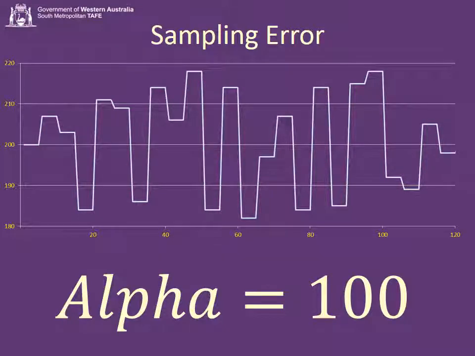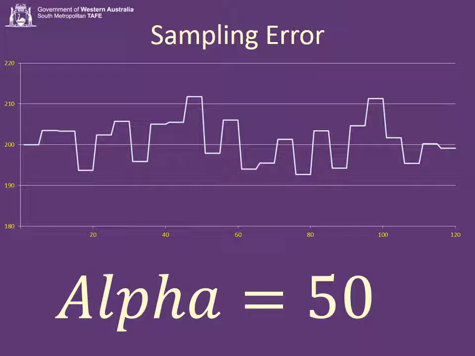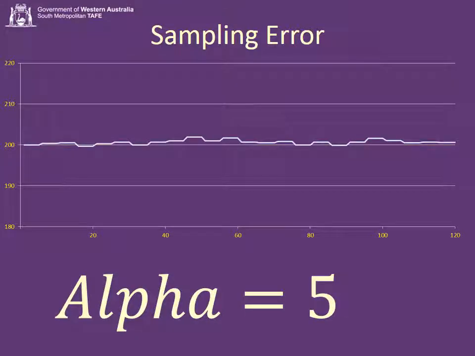We reduce the alpha, reducing the alpha to 50. We've got a much more controllable signal now. Reducing the alpha to 5. Now that is a signal we can control to. You might say, well, it's actually lying. Yes, it is actually lying. But then we're sampling anyway.